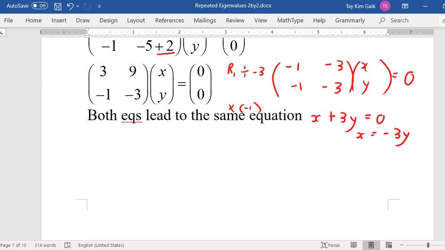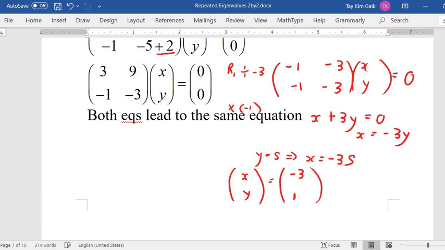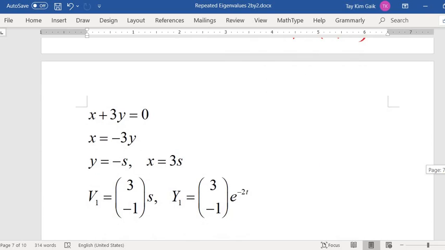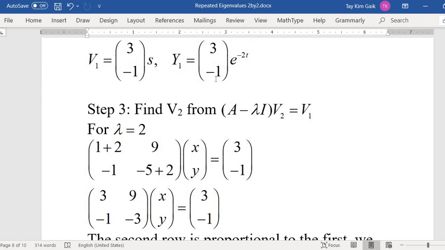Let y equal to s, hence x will be equal to negative 3s. So y is 1 times s, x is negative 3 times s. By letting s equal to 1, you get v1 equal to (-3, 1). Then y1 is v1 multiplied with e to the lambda t, where lambda is negative 2.